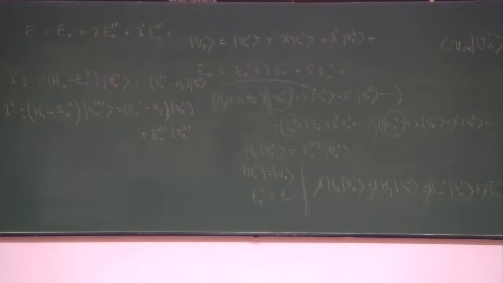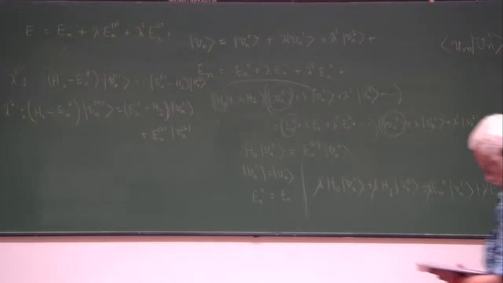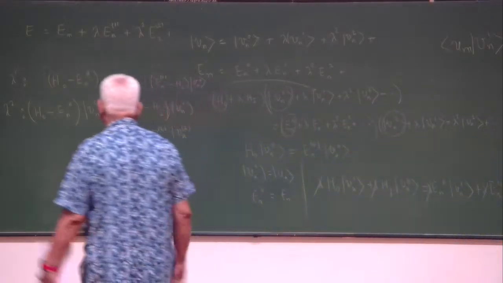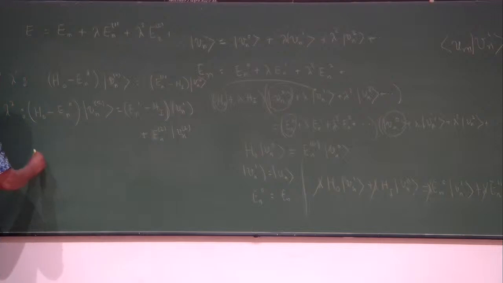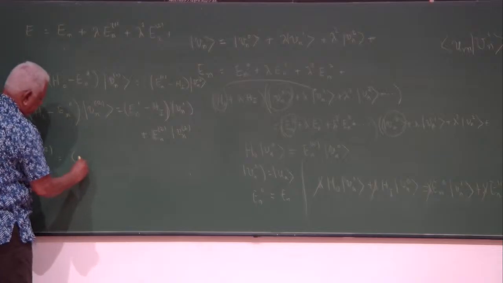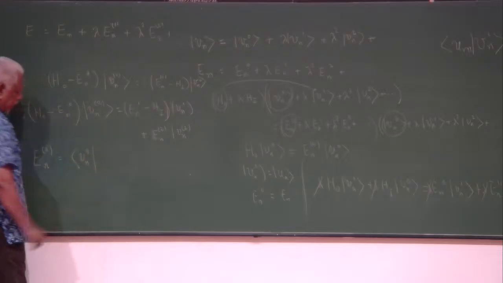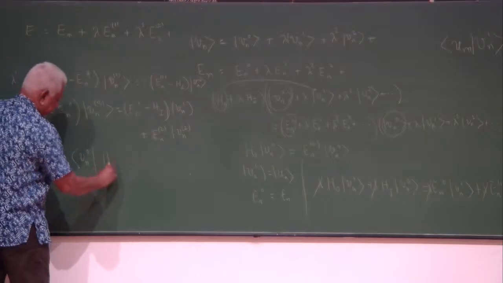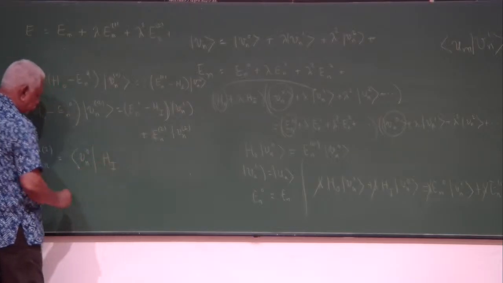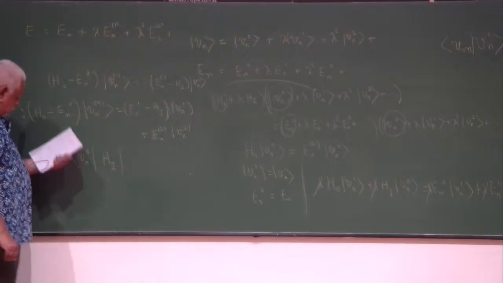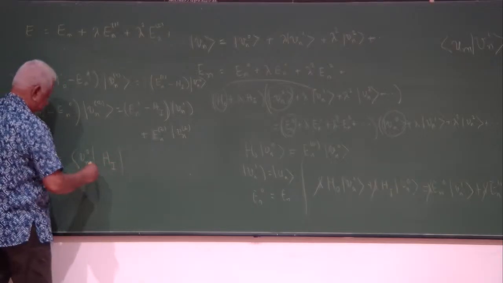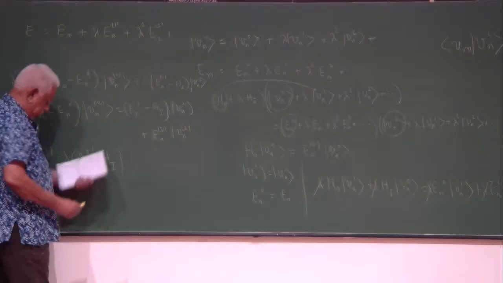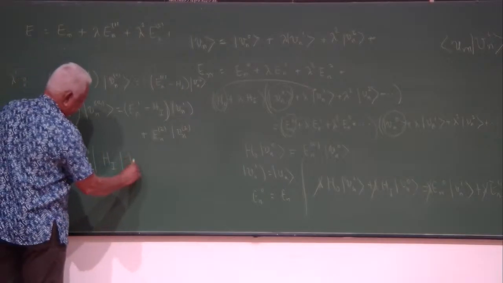So the next order can be easily found, and the result from here is the following: En2 is equal to Vn0, which is Un, and then lambda Hi, and then Vn1.